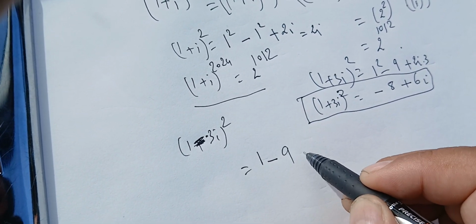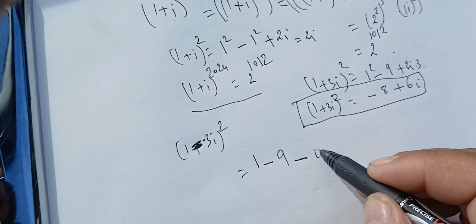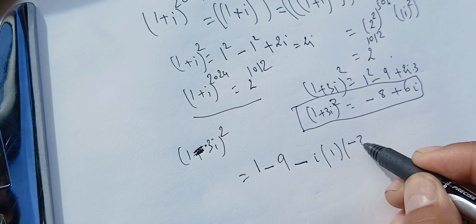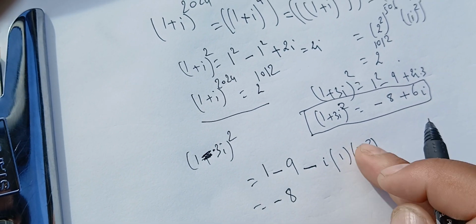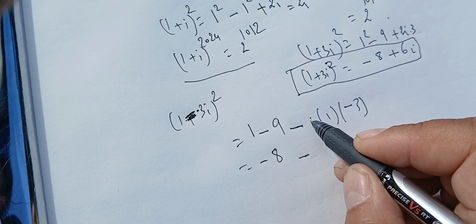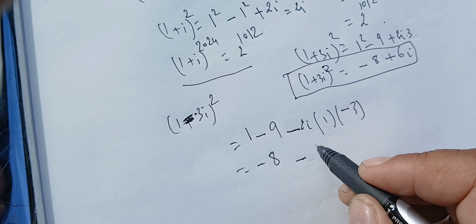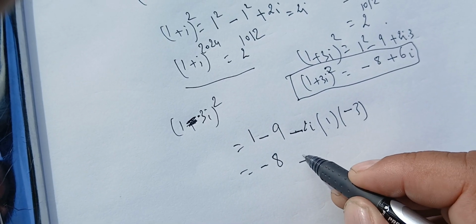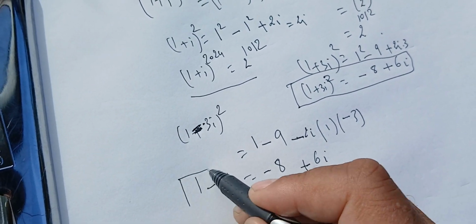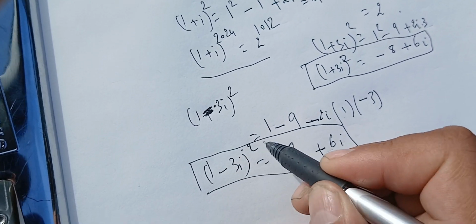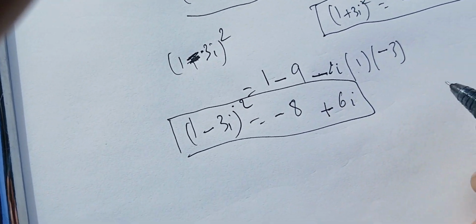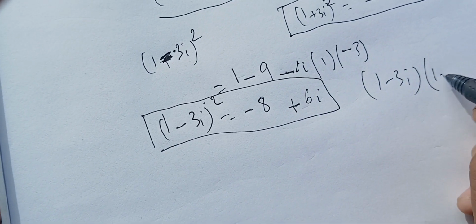So 1 minus 9, minus 2 times a times b, 1 times minus 3. So we get minus 8 plus, minus times minus is a plus. I forgot the 2 here, so I need to add the 2. So minus times minus is a plus, so we get 6i. Okay, so (1 - 3i) squared is minus 8 plus 6i.